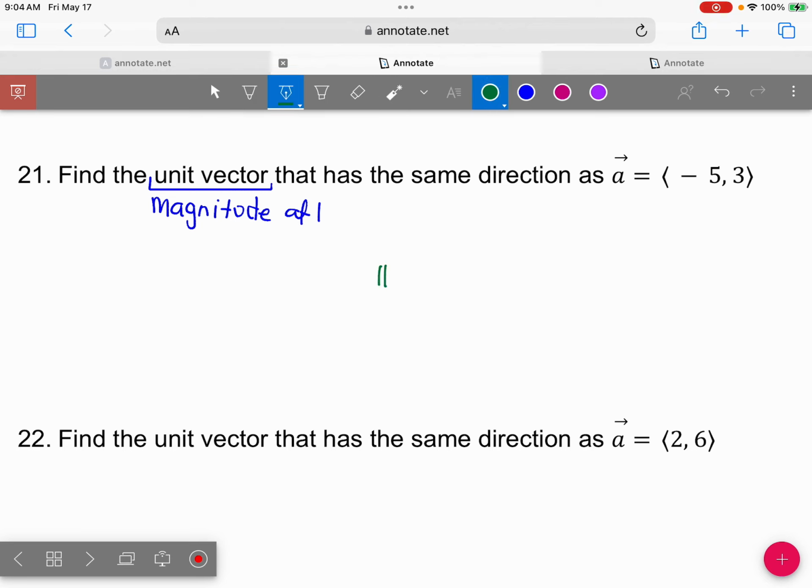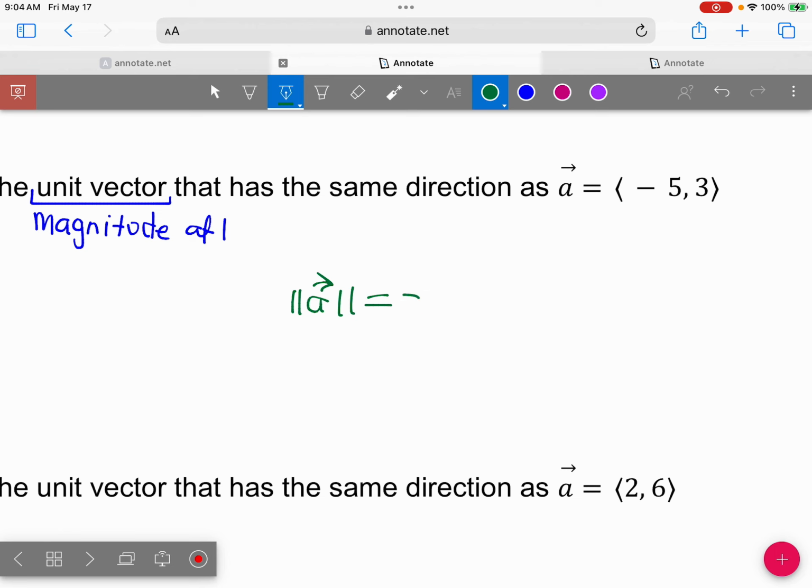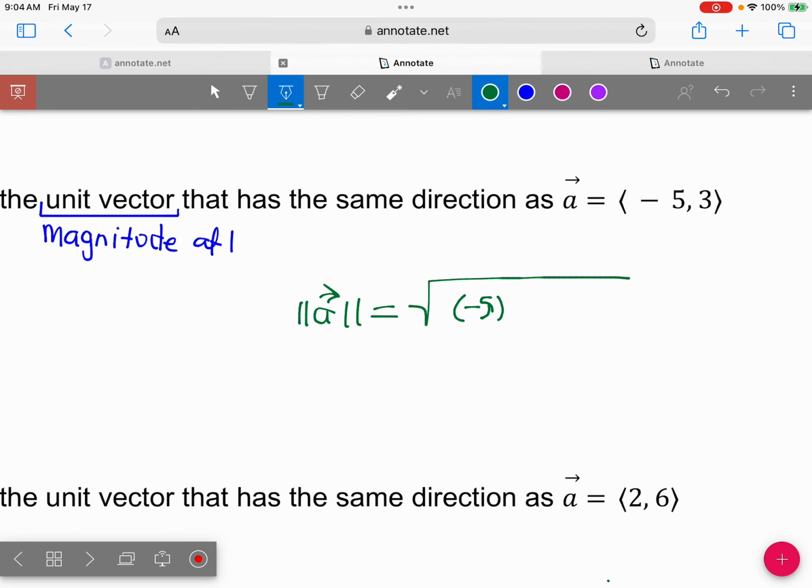So the magnitude of vector A, remember our magnitude, that's the square root of the square of each value. So we'll take our -5 squared plus 3 squared.